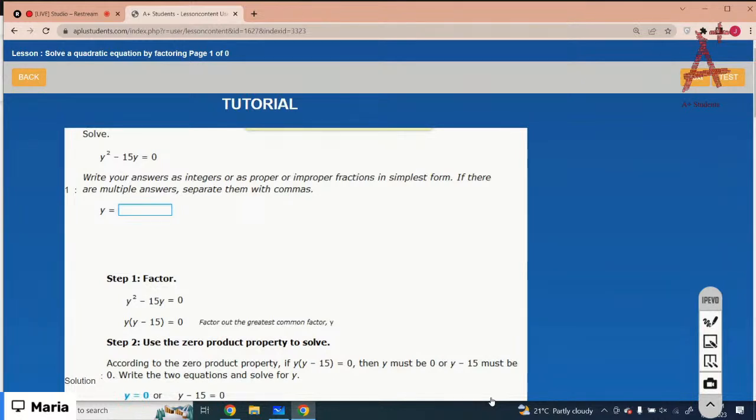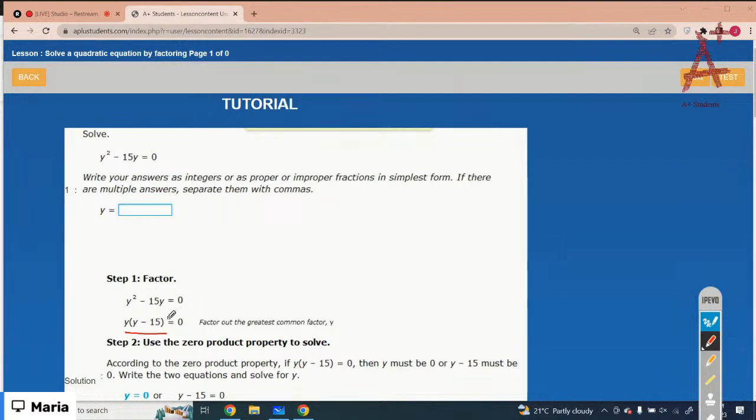Got it? So let's see if we can factor the equation. So we can take common y. It will be then y times y minus 15 equals 0.